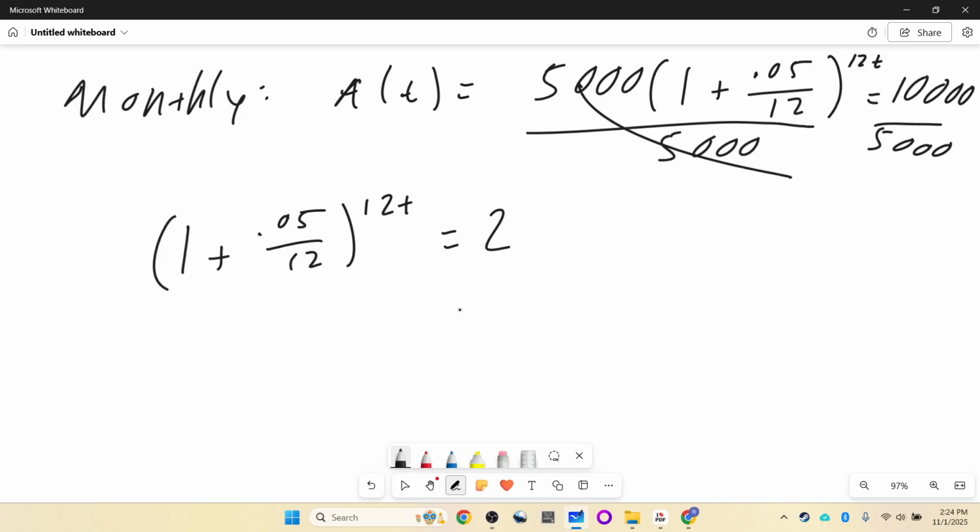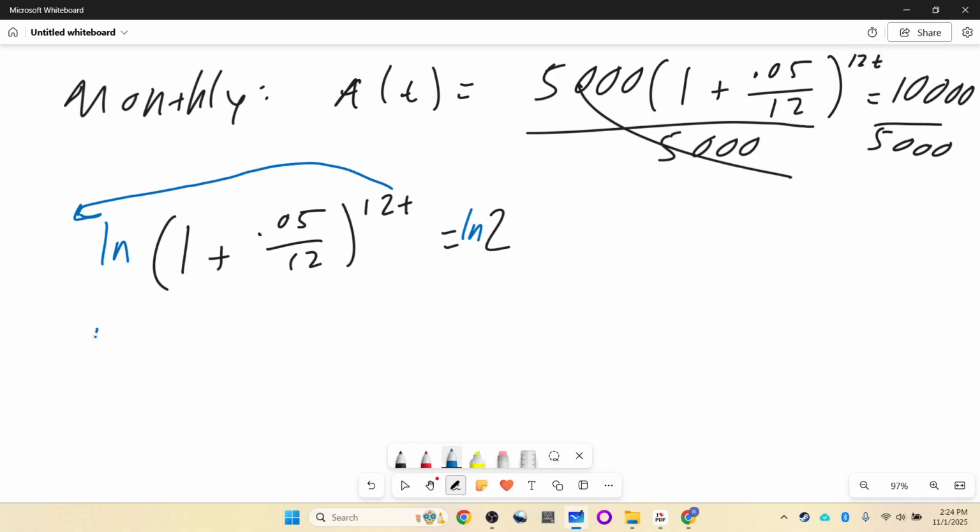And then I would say, okay, well, I need to put a log on both sides. And this thing's a little weird looking. I don't know what exactly that base is. So I'm just going to use natural log. So the 12t comes down in front.